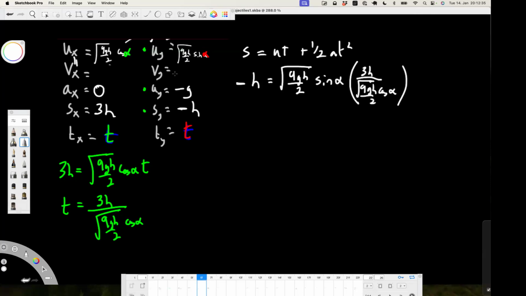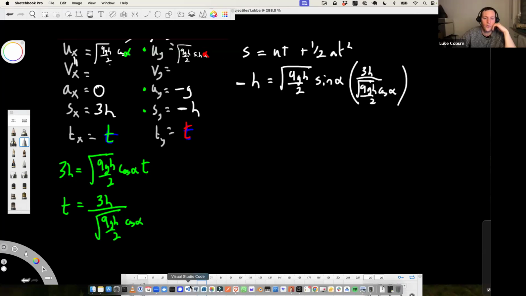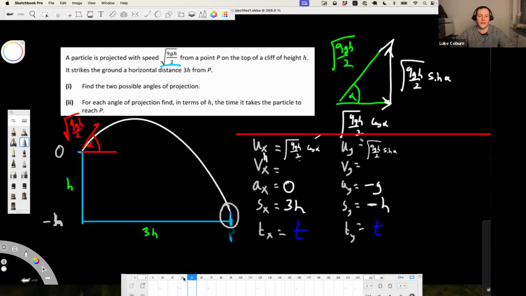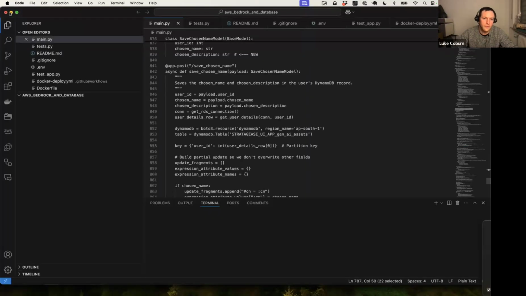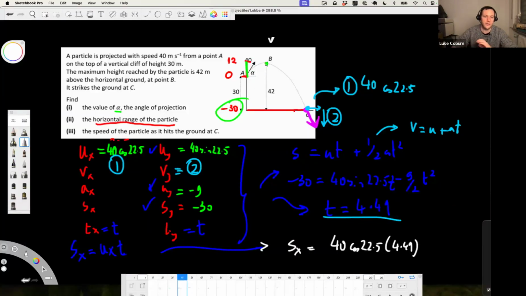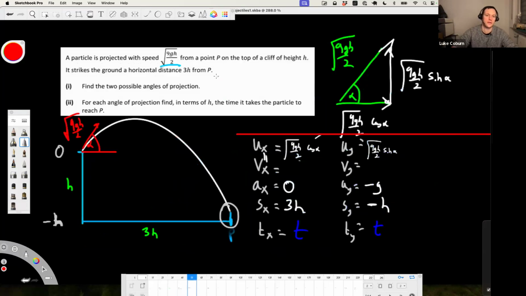Sorry, for the y, do you not need two separate equations because the velocity reaches 0 before you fall back down, or can you do it all in the same? Yeah, that's a good question. So in this question, for the first part of it, we were able to concentrate on this maximum height one. And then in the second part of the question, what we're given is basically information only about the end.